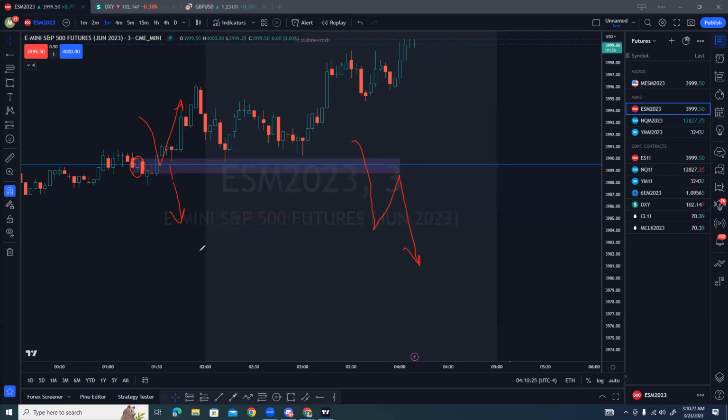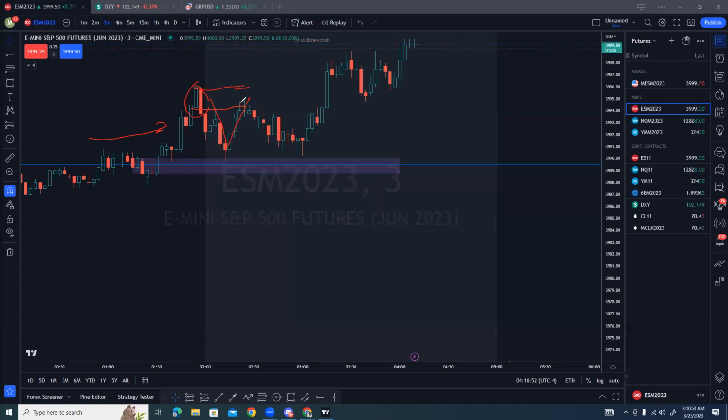So here I would consider this to be a breaker block. Okay, we've got a push up, we've taken out liquidity. We've got this move down. Price comes into it, because in the beginning, what is it? It's a bearish order block, right?